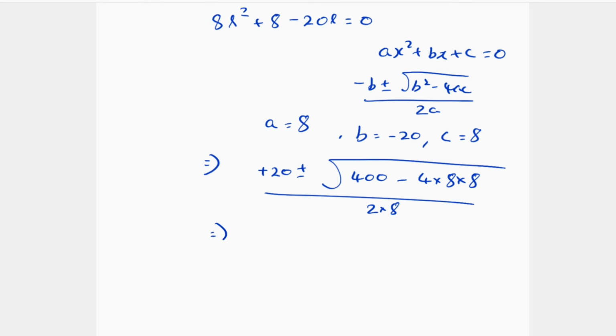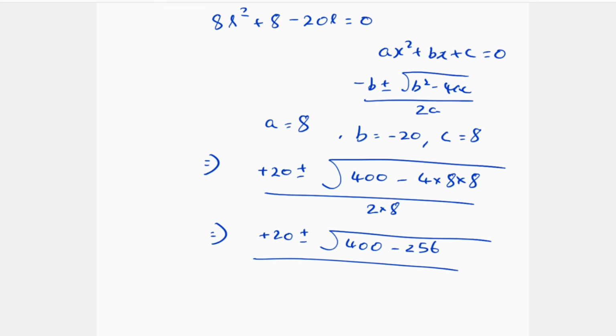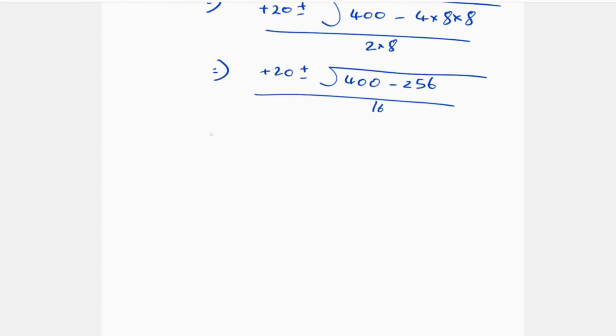8. So that gives me plus 20 plus or minus root of 400 minus 256 divided by 16. So that gives me plus 20 plus or minus root of 144. 400 minus 256 gives us 144.